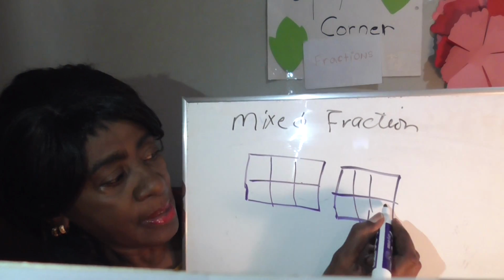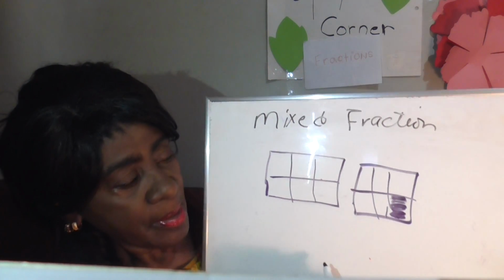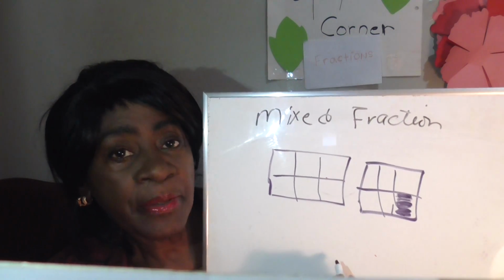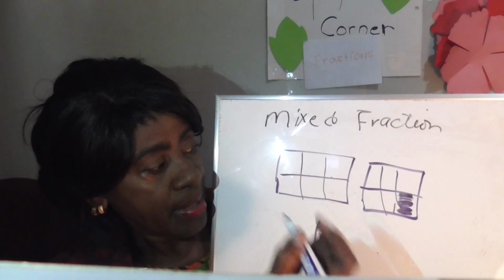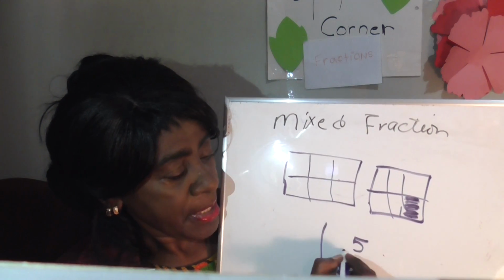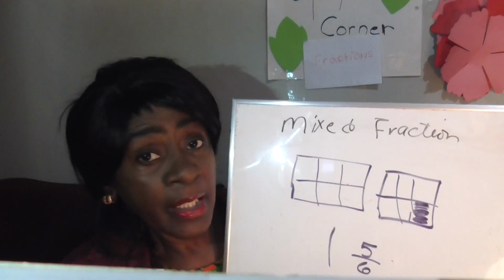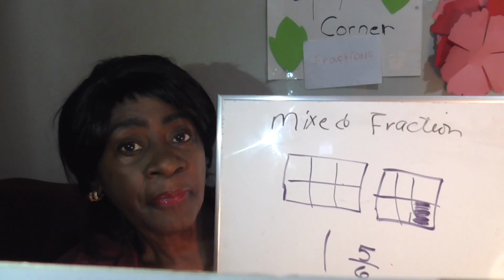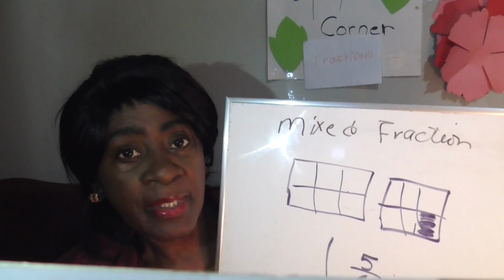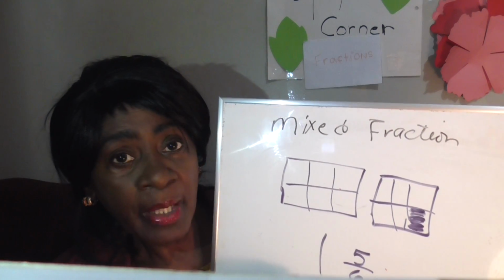Someone comes along and takes a nice piece of one of the pizzas. How much of the pizza is left? 1 whole pizza and 1, 2, 3, 4, 5. Why is 6 on the bottom? Because the pizza was pre-cut into 6 pieces. 1 was removed. 1 and 5/6 of the pizza is left. A mixed fraction contains a whole number and a fraction.